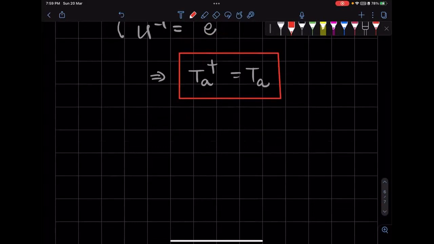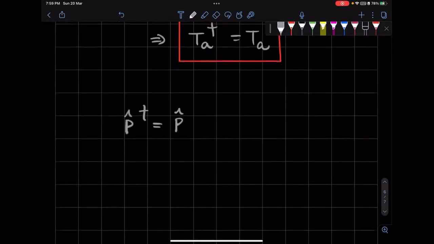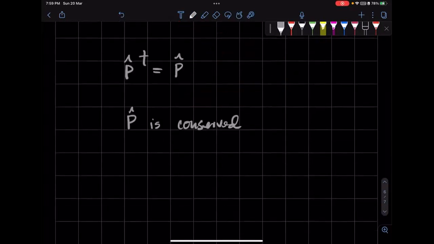For example, suppose the momentum operator P, a Hermitian operator in quantum mechanics, is conserved in your system. What does that mean? Under time evolution, momentum doesn't change, so this is 0.